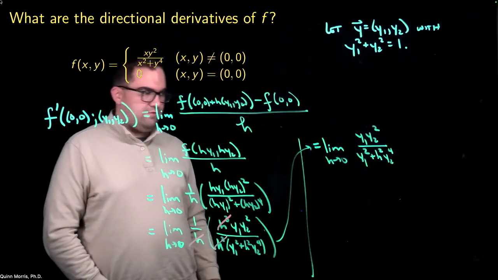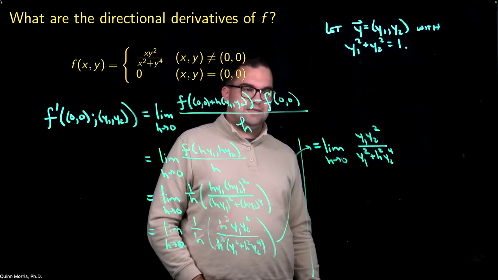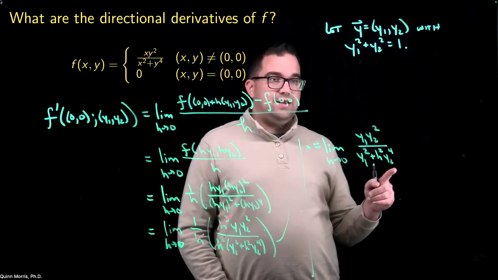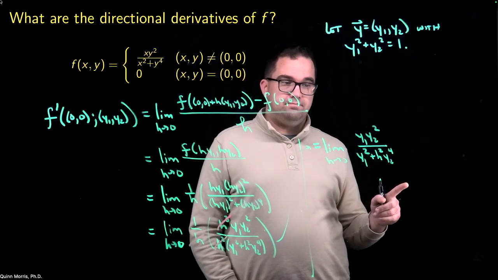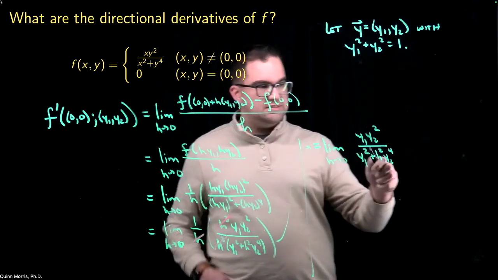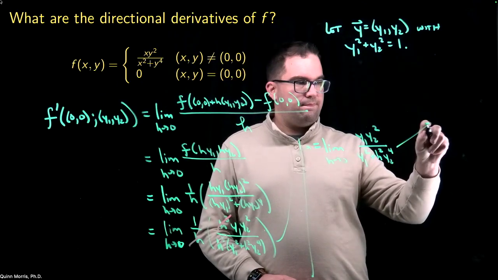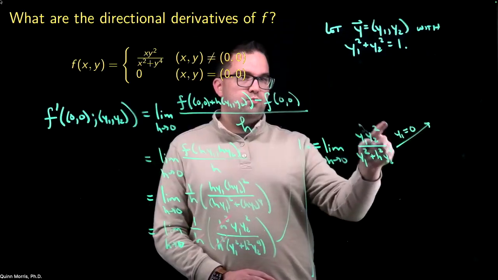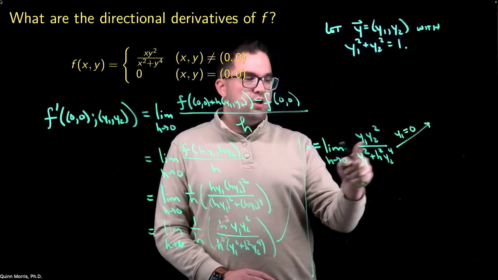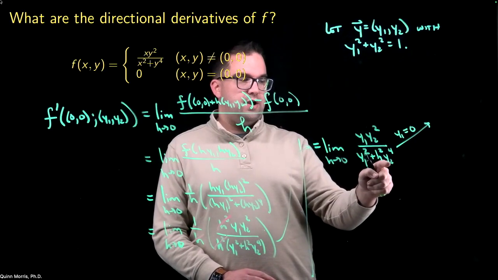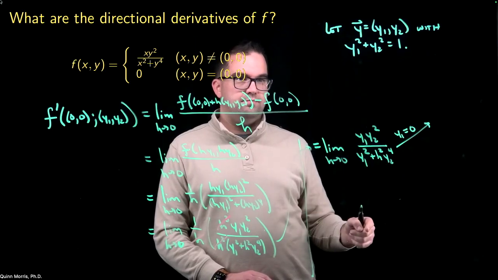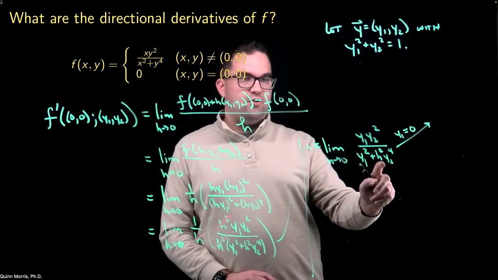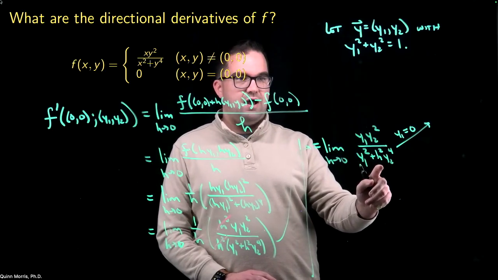Now we need to evaluate this limit, and we need to break it out into two cases. If y1 is 0, then my numerator will always be 0. The denominator will be h squared y2 to the fourth. So this expression will always be 0 for every non-zero value of h.